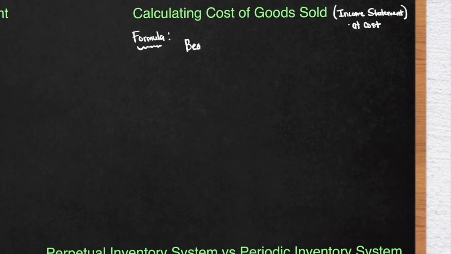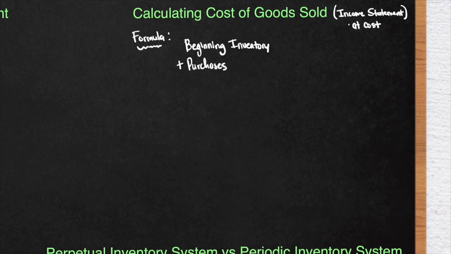In reality, it's a formula to calculate ending inventory, but cost of goods sold is part of this formula, and you could do a little bit of algebra and find the missing amount if any problems give you the other amounts. So the formula begins with beginning inventory. That's what you already have. Then you're going to add purchases if you purchase some more.